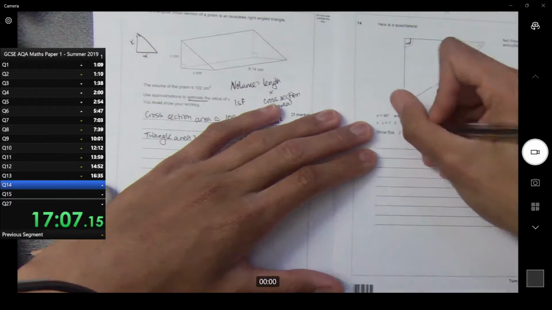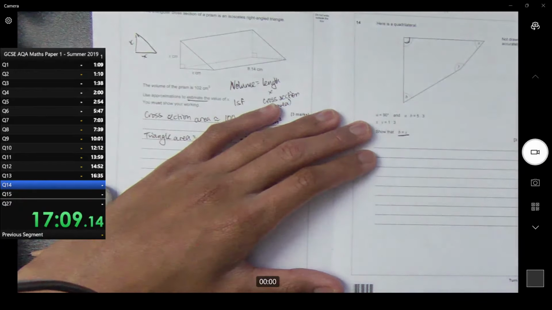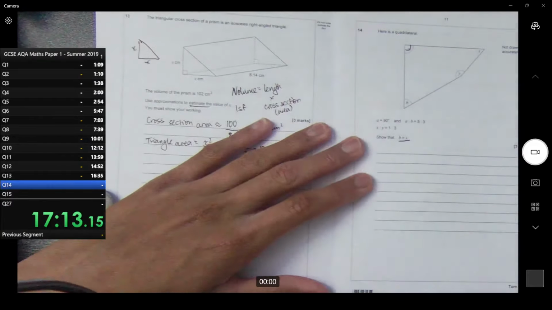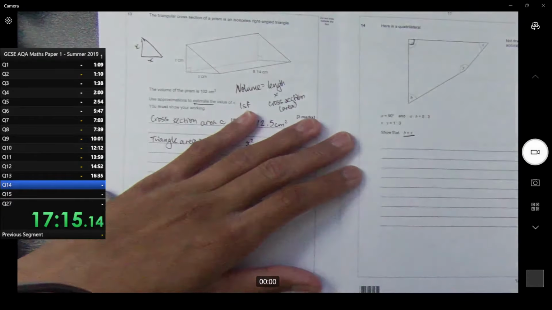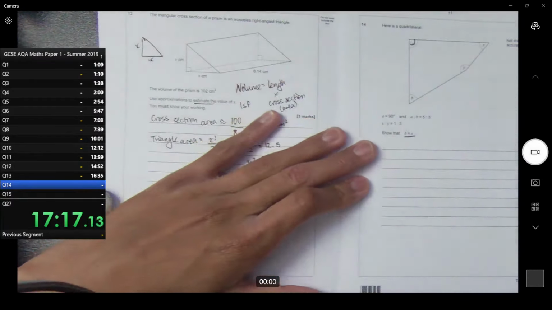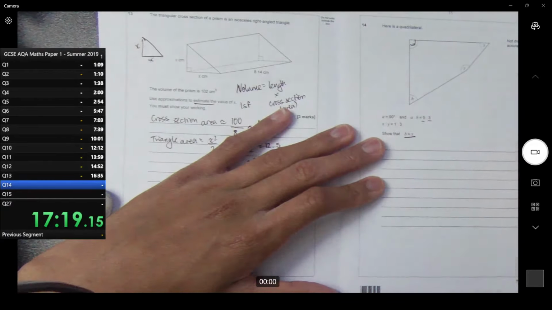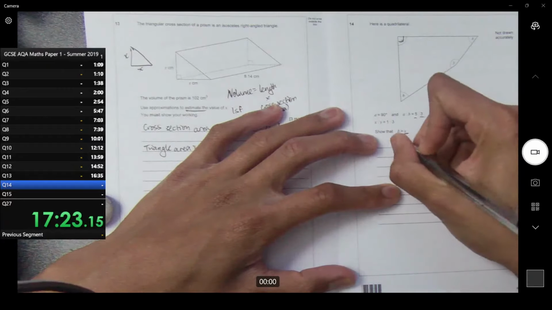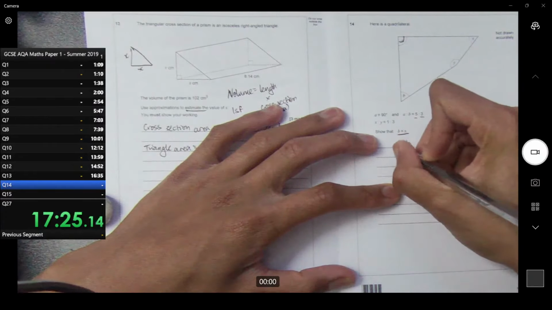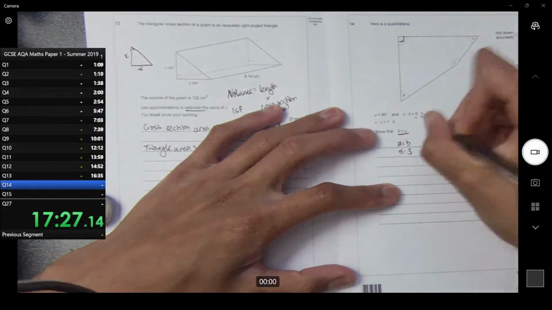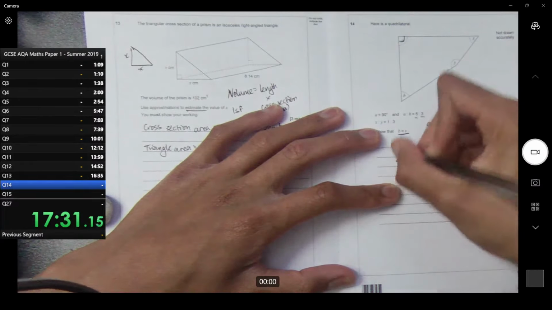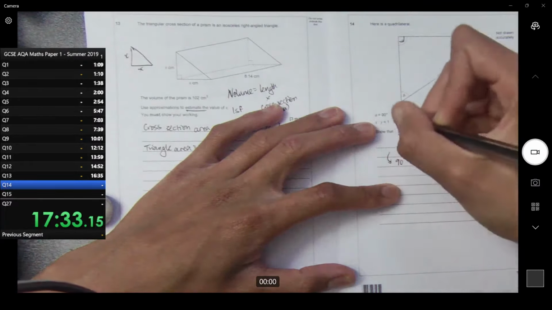Show that B equals X. Right, so since we know the ratio A to B is 5 to 3, and we already know that A is 90 degrees, so multiply each side here by 18.